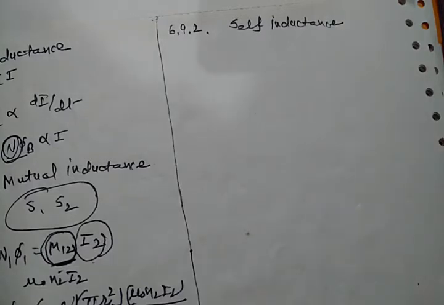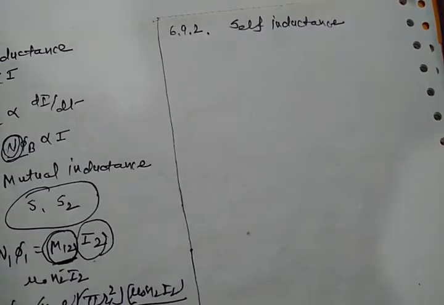There we produced flux using two different coils of different radius. Now in this case of self inductance, we use only a single solenoid. The number of turns times the flux is proportional to the current through the coil.